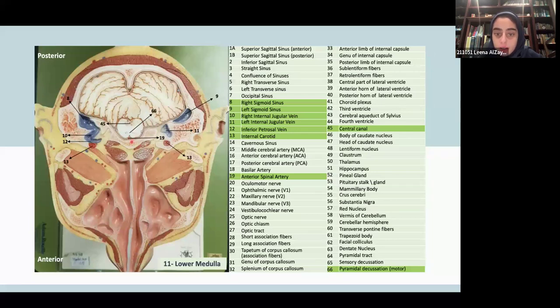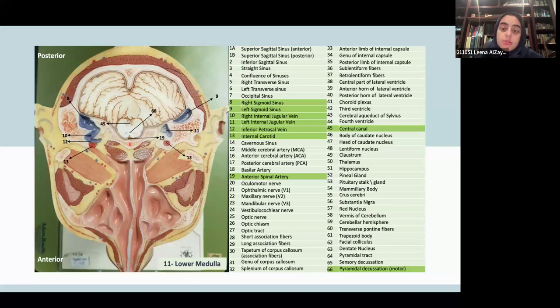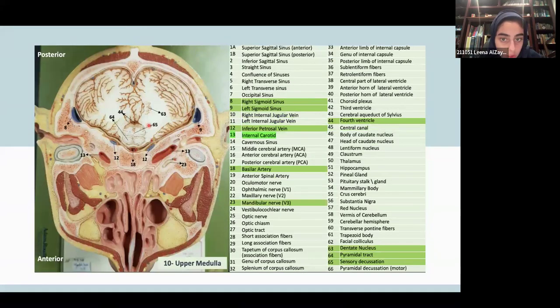Number 19, anterior spinal artery, because at this point at the lower medulla, this is upper medulla, it's basilar artery. Lower medulla, it's internal carotid artery. Do we have to know 12? 12 is, yes, you should know it because inferior petrosal artery, thank you for mentioning it, because inferior petrosal artery is part of the sinuses that were mentioned by Dr. Akif.